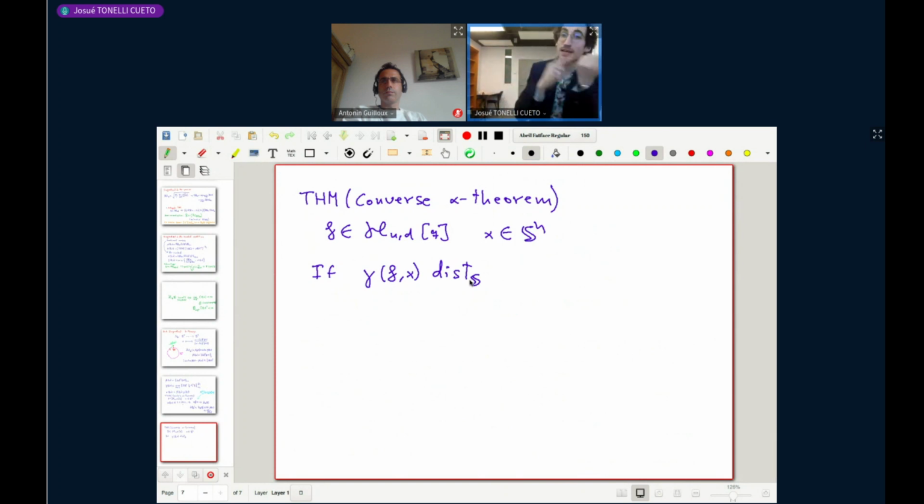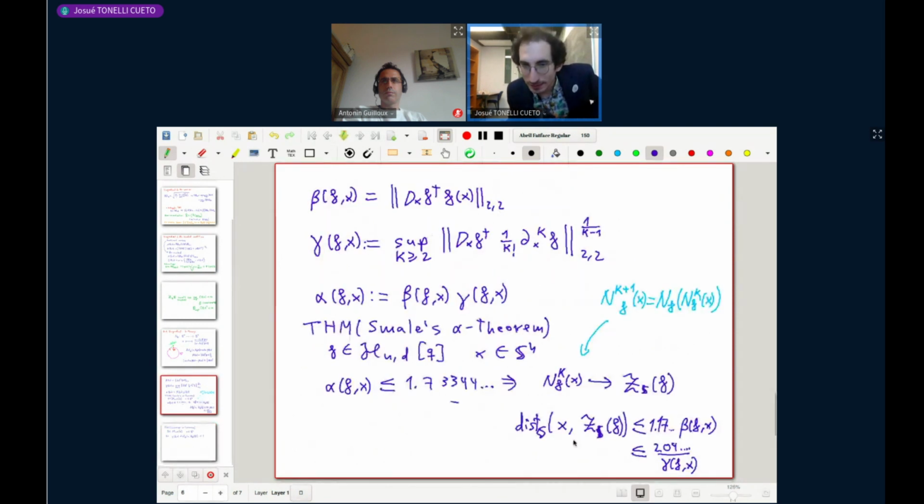Now it is if I'm nearby. You can see that this gamma versus this distance is very similar to the condition before. Before I had that the distance of x to the zero set is a constant divided by gamma. So gamma times the distance is less or equal to a certain constant.